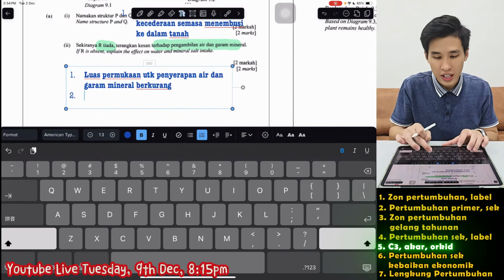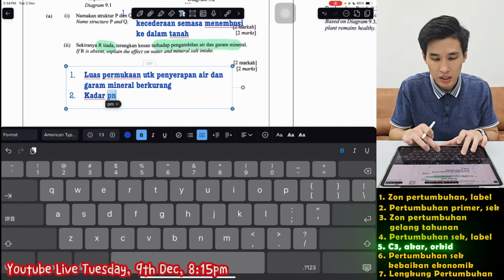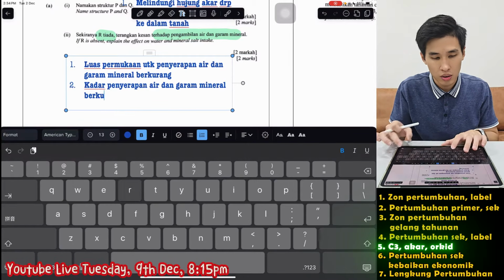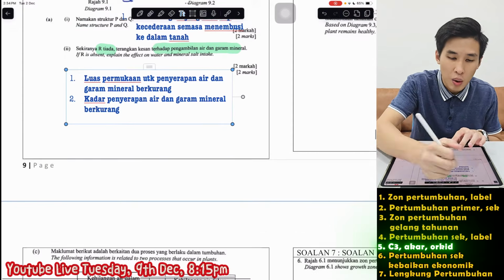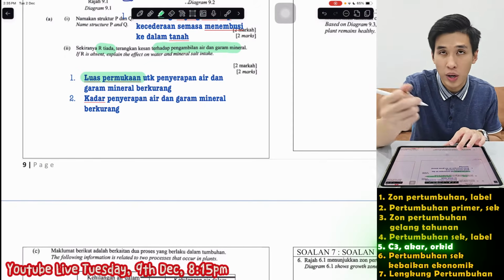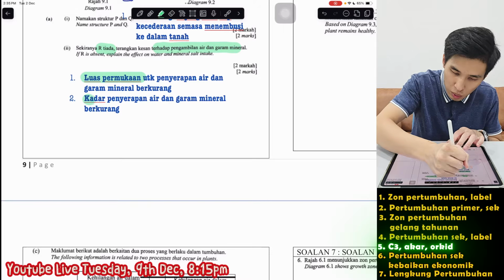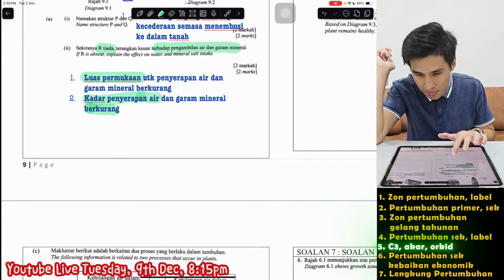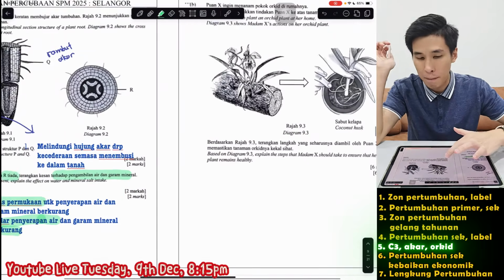So, oleh itu, kadar penyerapan air dan garam mineral berkurang. So, the two main things I explain here are permukaan luas berkurang, so that it will also affect kadar penyerapan berkurang. Next, this is part 3.